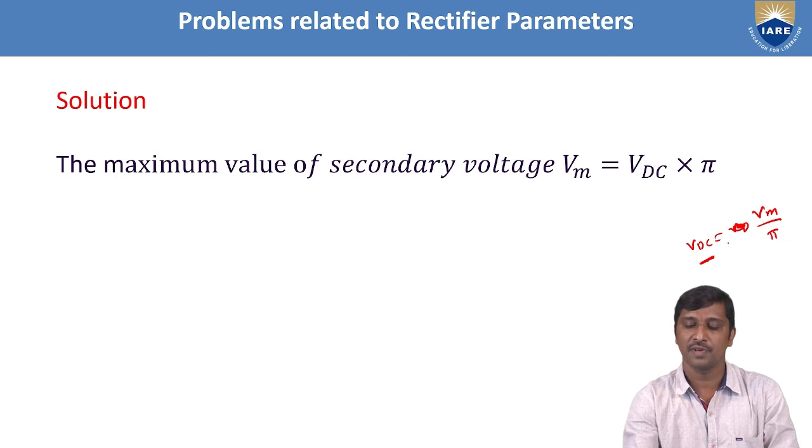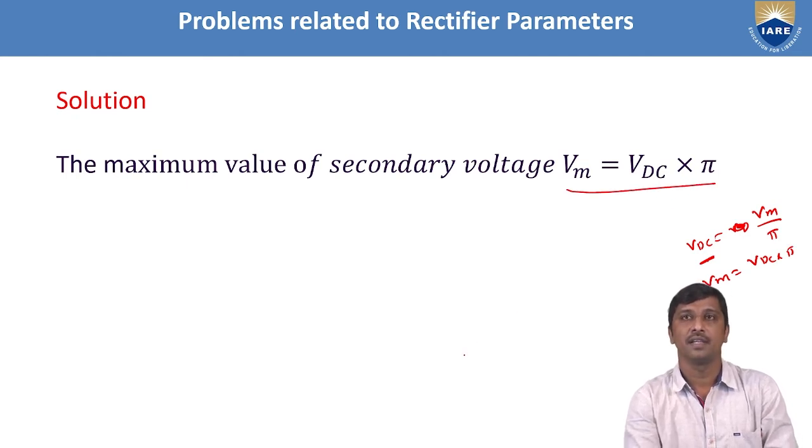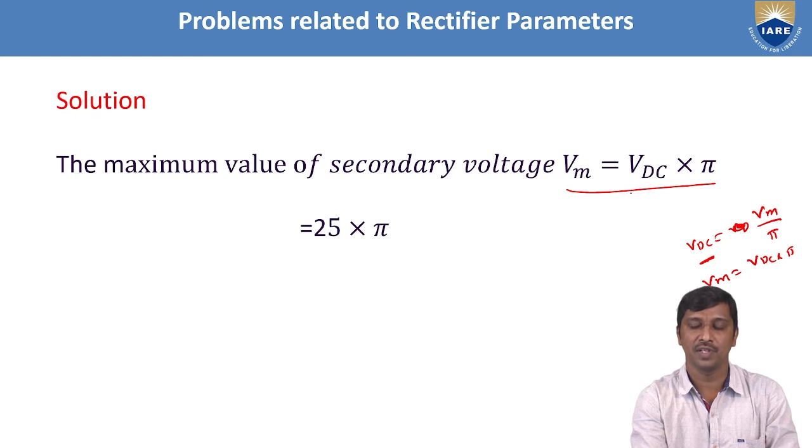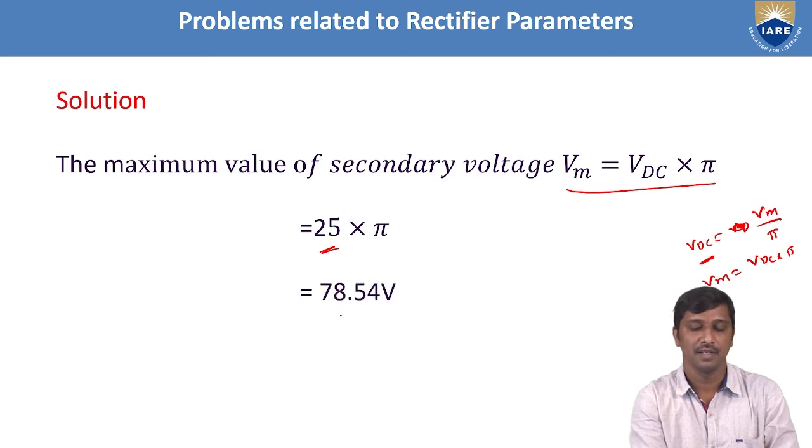So from this relation, Vm is equal to VDC into pi. The VDC value we just observed is 25 volts. This 25 volts multiplied with the pi value gives the maximum value of the secondary voltage as 78.54 volts.